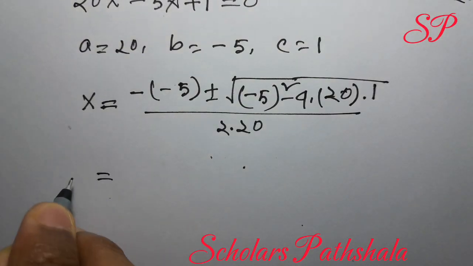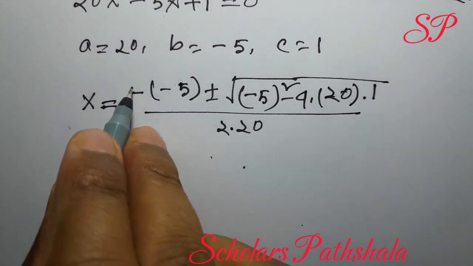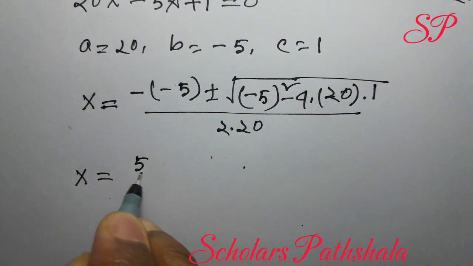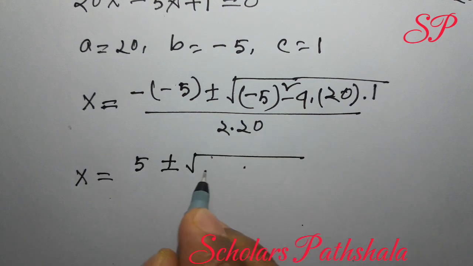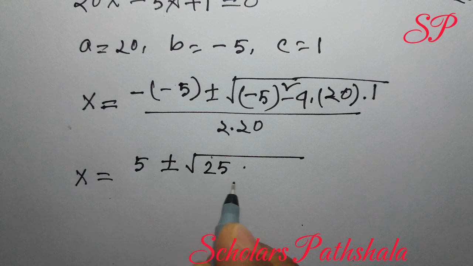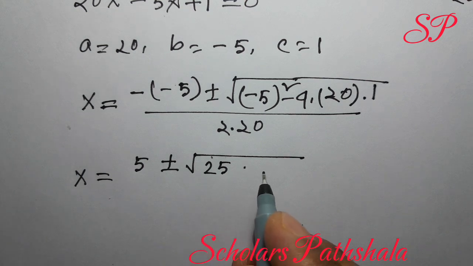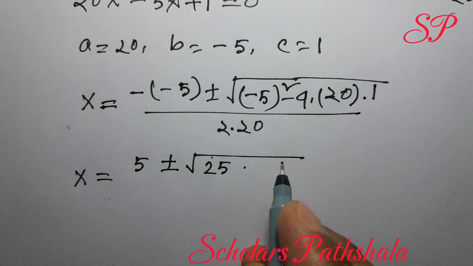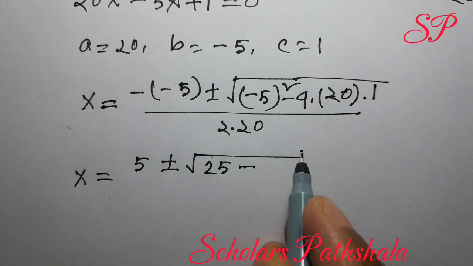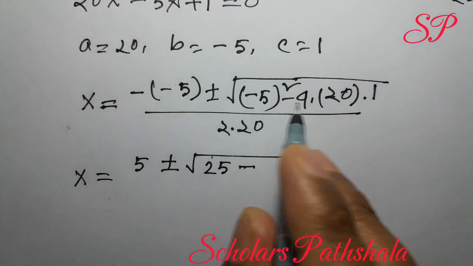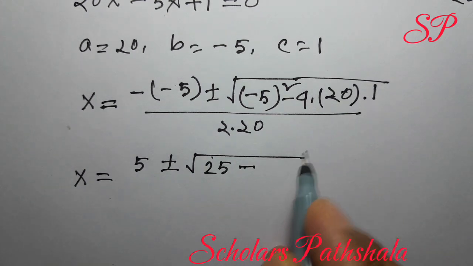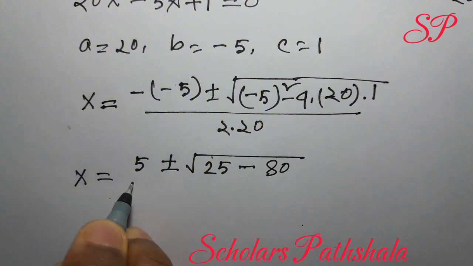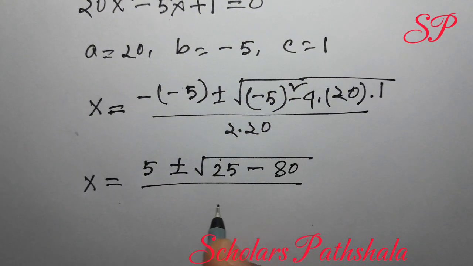then we can write x is equal to minus and minus is equal to plus, 5 plus minus root over, here we can write 5 square is equal to 25, minus 4 times 20 times 1 is equal to 80, so 25 minus 80, and here we can write 40 below.